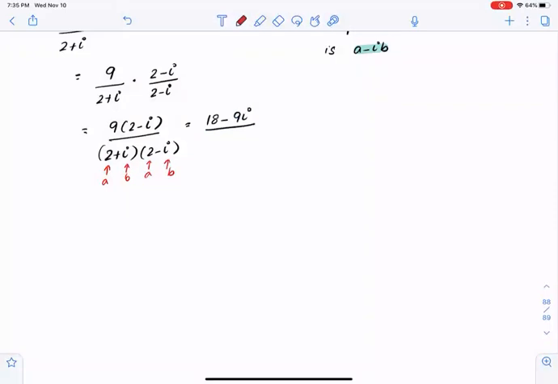So we have 2 squared minus i squared. So 18 minus 9i divided by 4 minus negative 1. 18 minus 9i divided by 5.